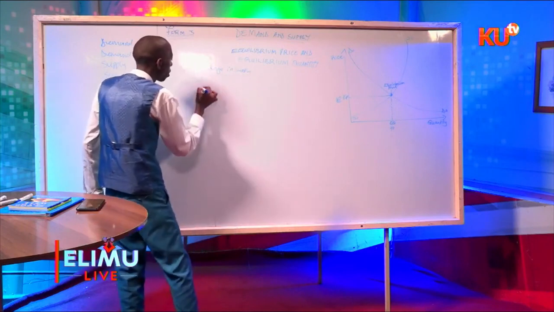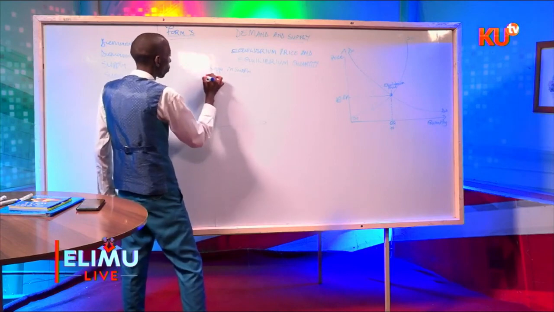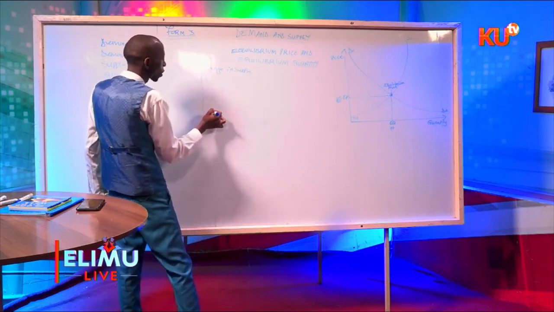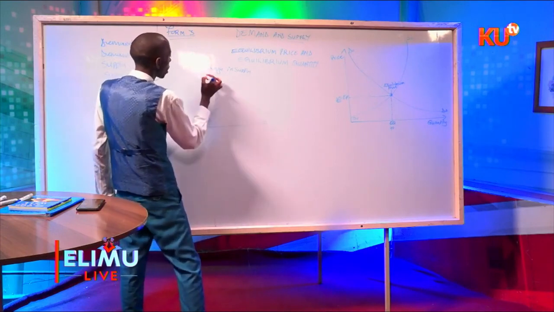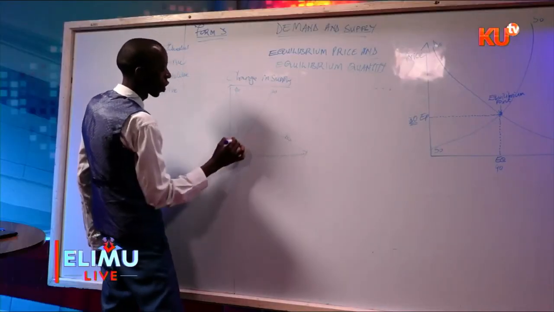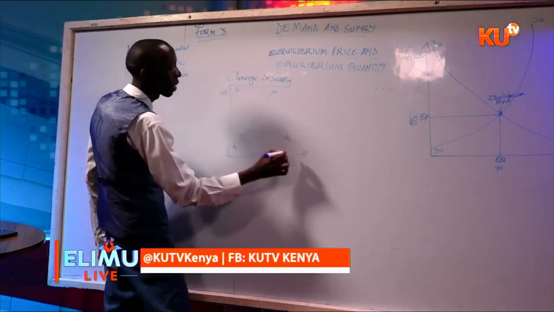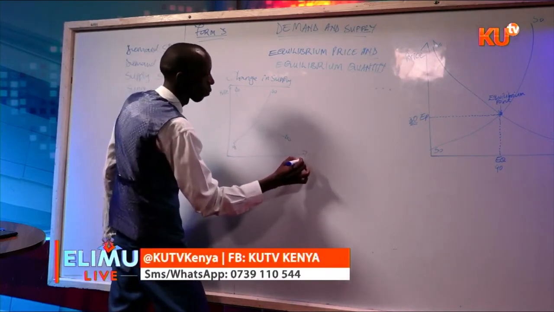So we'll still have our equilibrium point, price, and quantity. Our curves are well drawn there. This is D0, S0, where the naught means the original price and quantity.